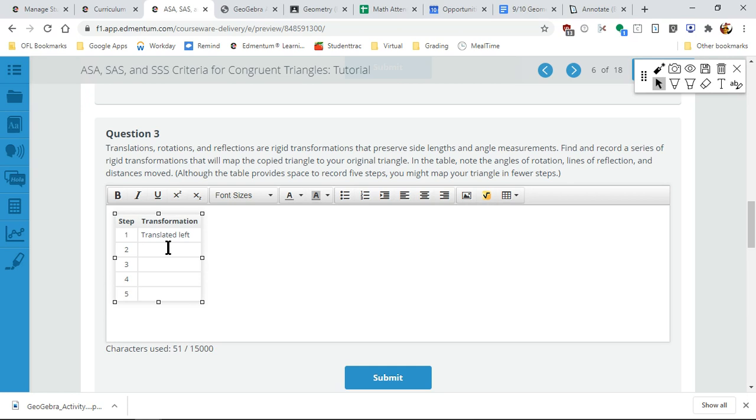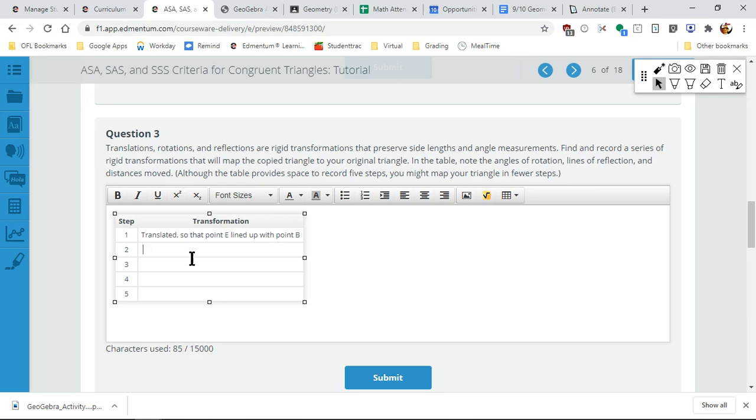Or what you can do, actually, this is better: write it like this, translated so that point E lined up with point B. You might have point D to point A or whatever.